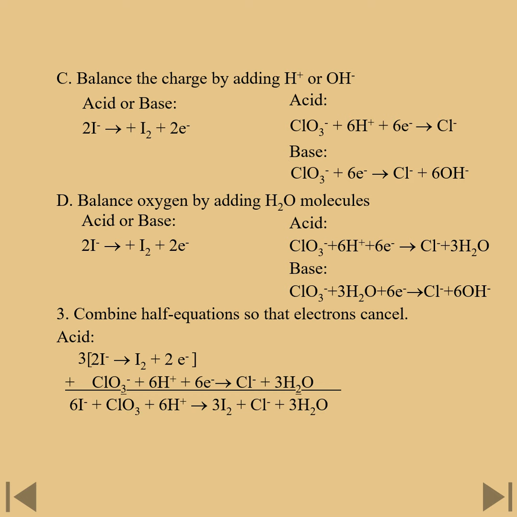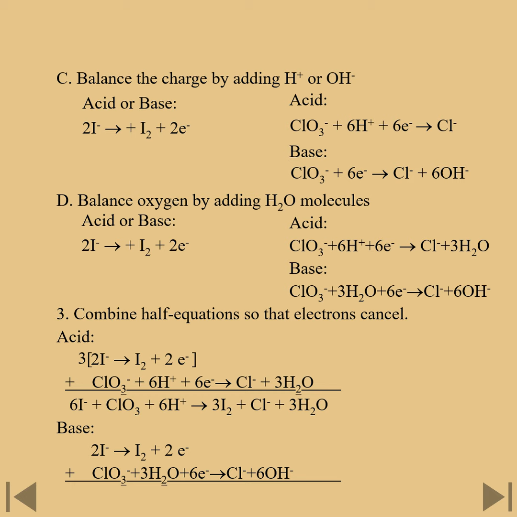Now when I add these 2 together, I get 6 iodides on the left, 1 chlorate, there should be a negative charge with that chlorate, 6 hydrogen ions, forming 3 iodine molecules, 1 chloride, and 3 waters. In a base, let's go ahead and balance this half reaction.